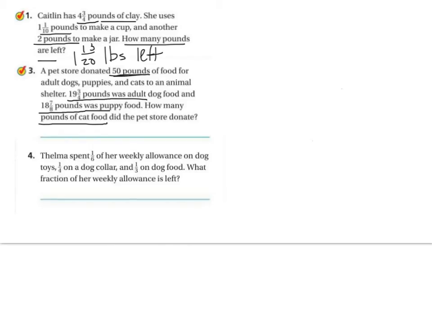Let's start by writing the equation. I know that I have 19 and 3/4 pounds plus 18 and 7/8 pounds plus a missing amount, which represents the amount of cat food. And when I add all that up together, I have 50. So if I start with the total and I work backwards by subtracting, I should solve for x.